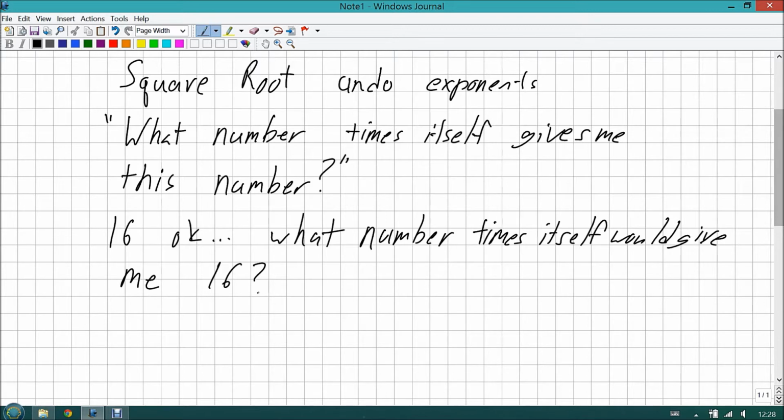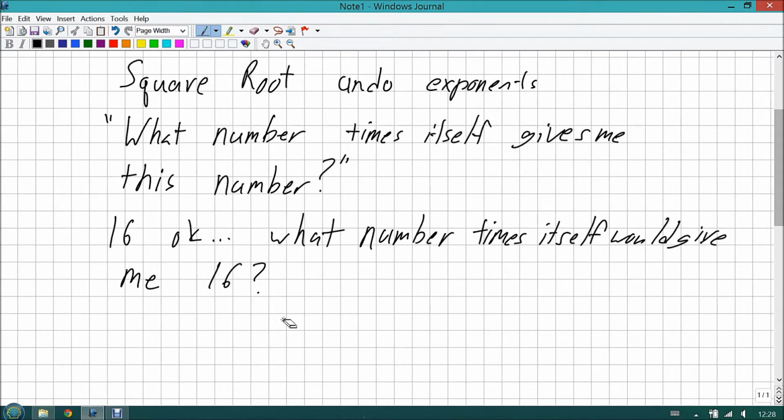And we'd probably start with a number that would make sense. 16 is an even number, so more than likely it's going to be two even numbers multiplied to get us 16. So let's start with the smallest even number, 2. Let's look at 2 times 2. 2 times 2 would give us 4. 4 is not 16, so it doesn't work. So the square root of 16 is not 2.